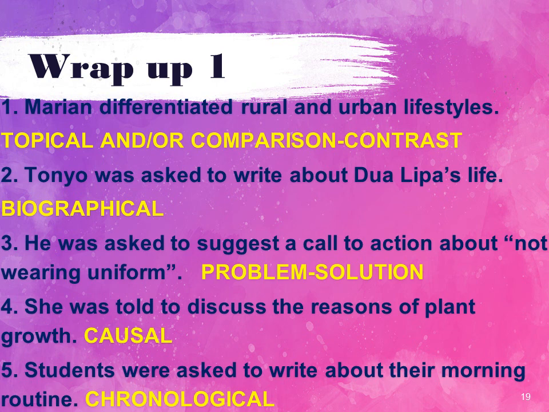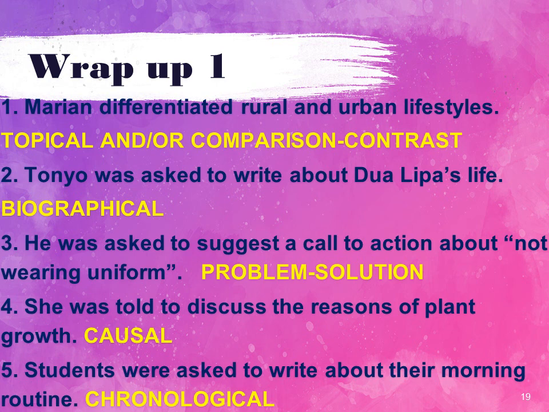Okay, let's have the answers. Check your answers a while back if they are correct or not. So in the first one, we have topical or comparison contrast. We could use those because we are differentiating rural and urban lifestyles. Number 2, we have biographical because we are talking about Dua Lipa's life.